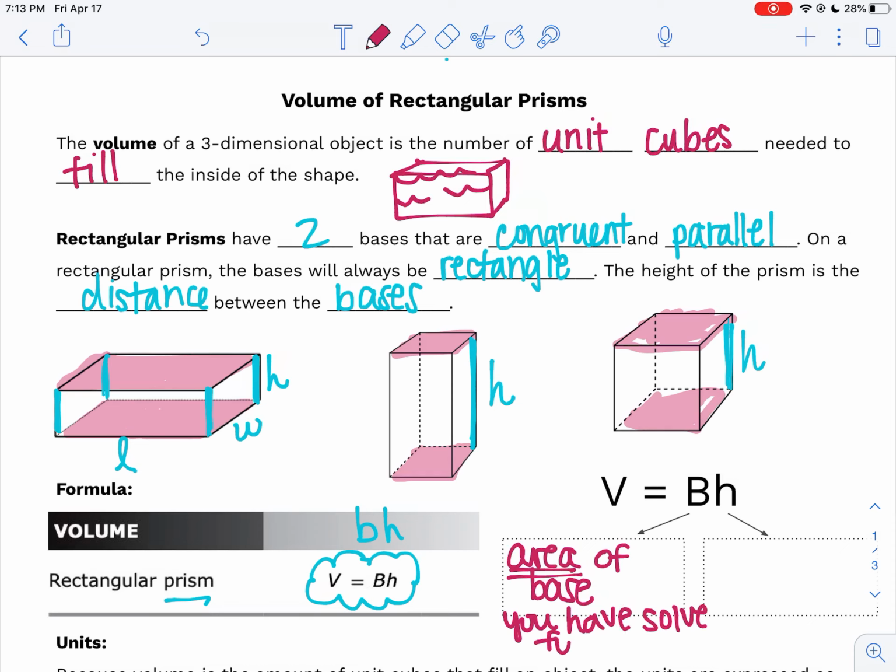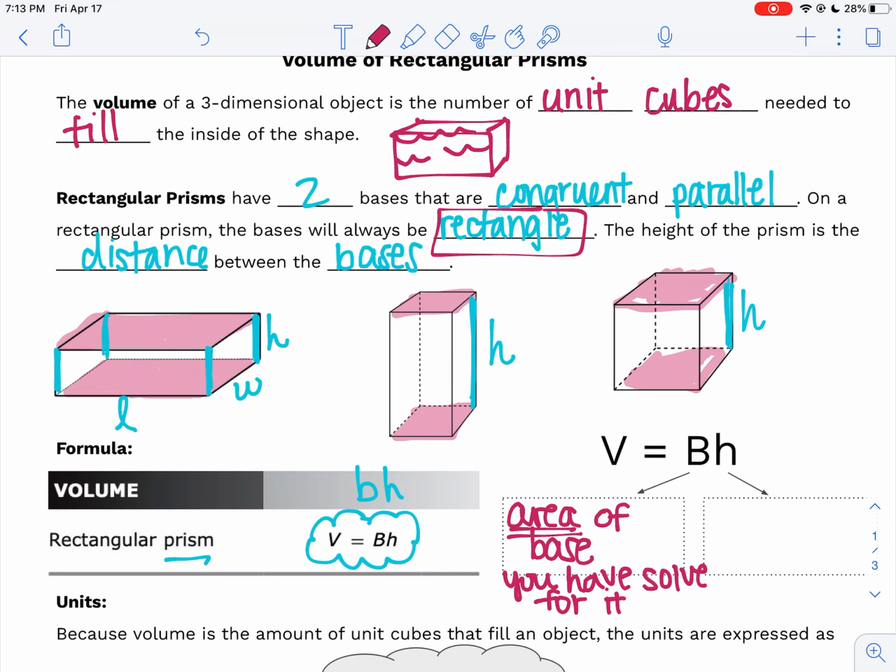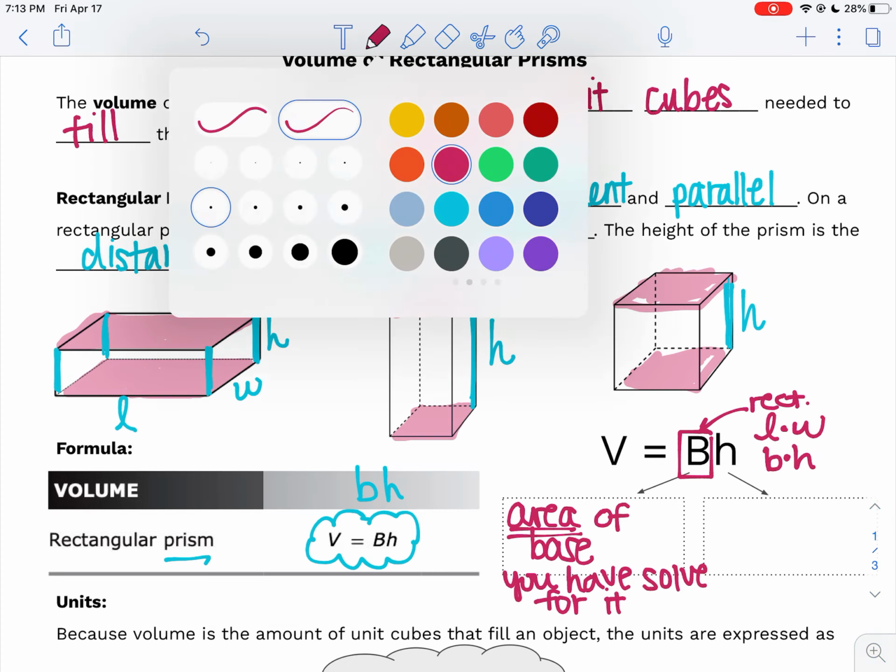So you have to solve for big B. Now, on a rectangular prism, we said our bases are rectangles. So you can find area of a rectangle by doing length times width or little b times h, base times height. Okay, so we're going to solve for that big B first, and then we will use that area of the base in our volume formula.